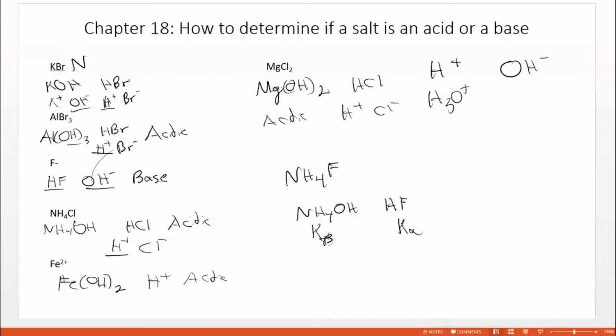If the Ka of HF is higher than the Kb of NH4OH, that means more H+ will be present in solution after it dissociates than OH-, meaning it's an acid. And the Ka of HF is higher. It's 10 to the negative fifth, I believe.